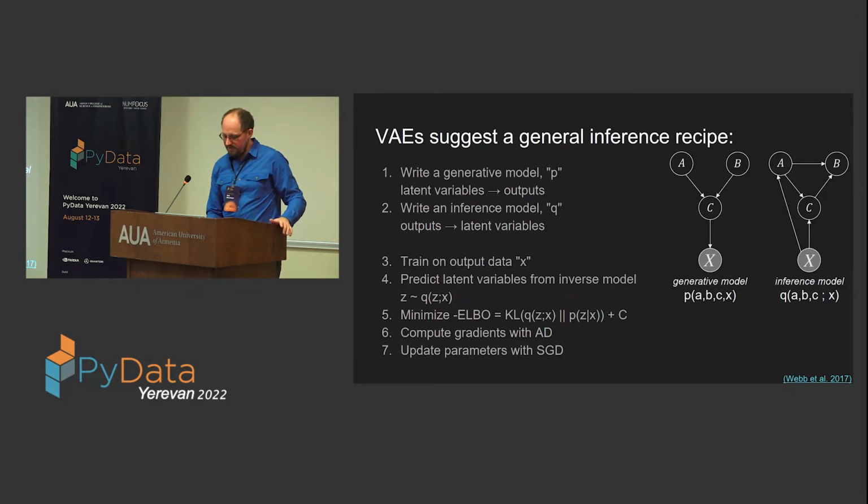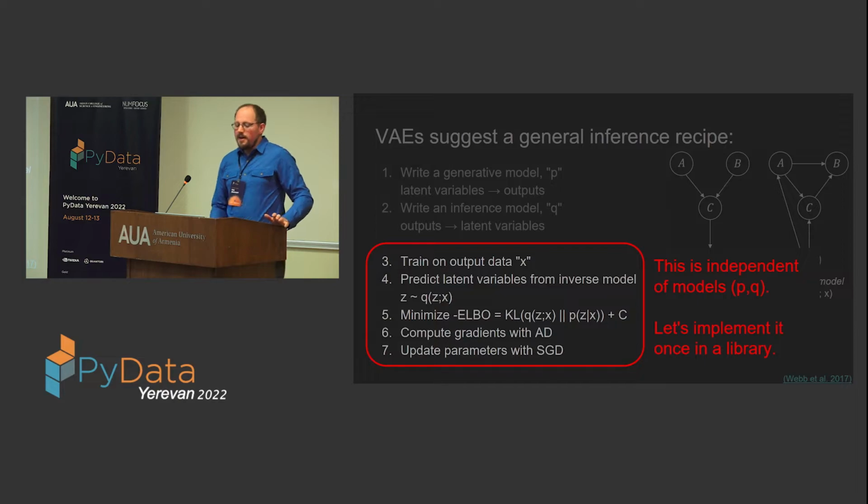I don't want to get too much into the details of the recipe, but the idea is that Kingma and Welling had imported this recipe from deep learning that could be reused across models. This training regimen for variational autoencoders didn't depend on the network architecture at all. You can plug in any sort of network architecture for those encoder and decoder.